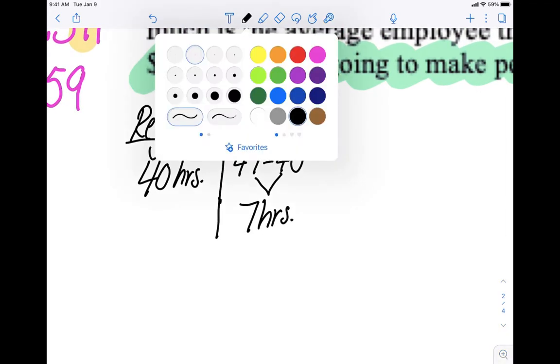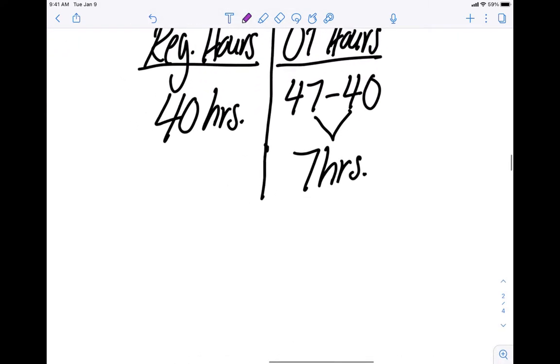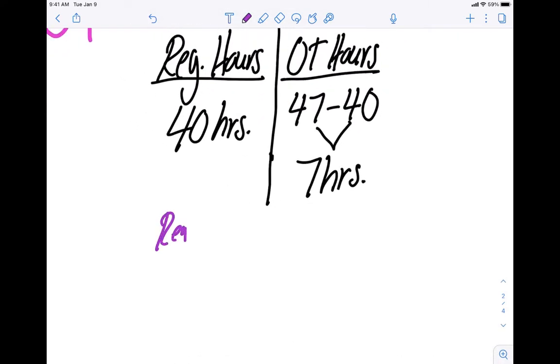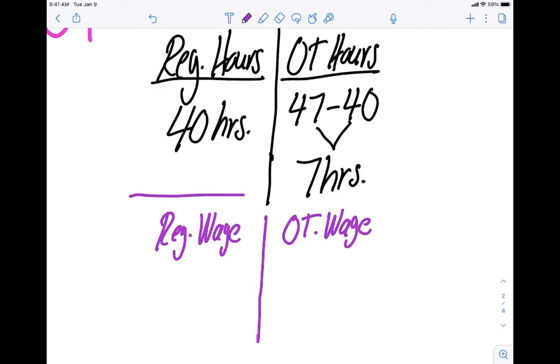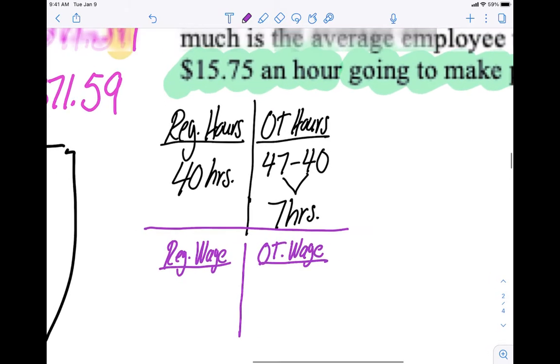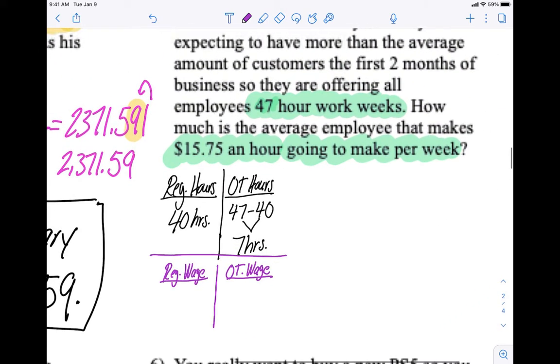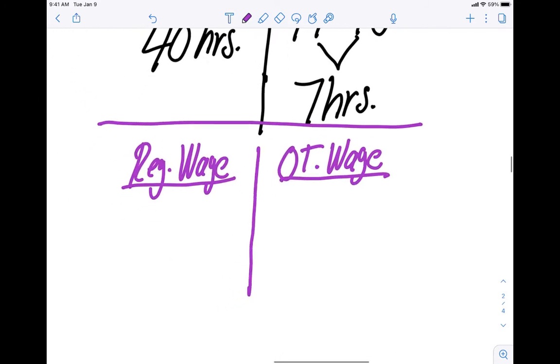So we're going to say here regular wage versus OT wage. Separate that. How much does this person regularly make an hour? It says the employee makes $15.75 an hour.